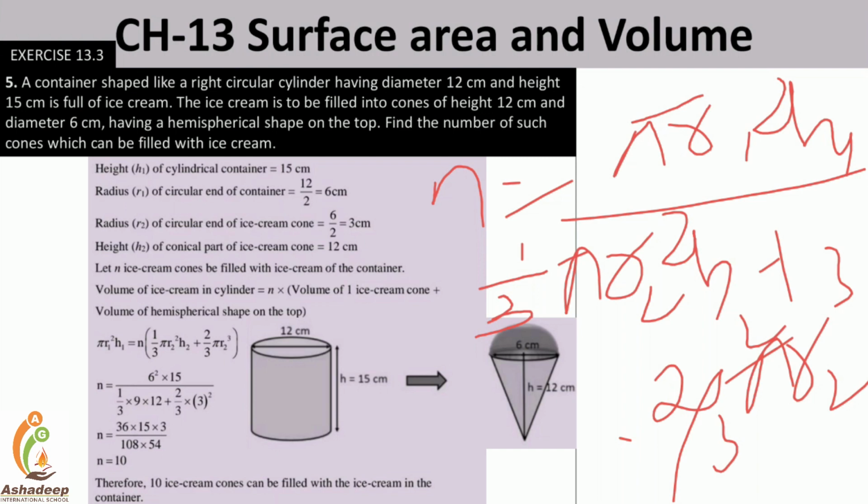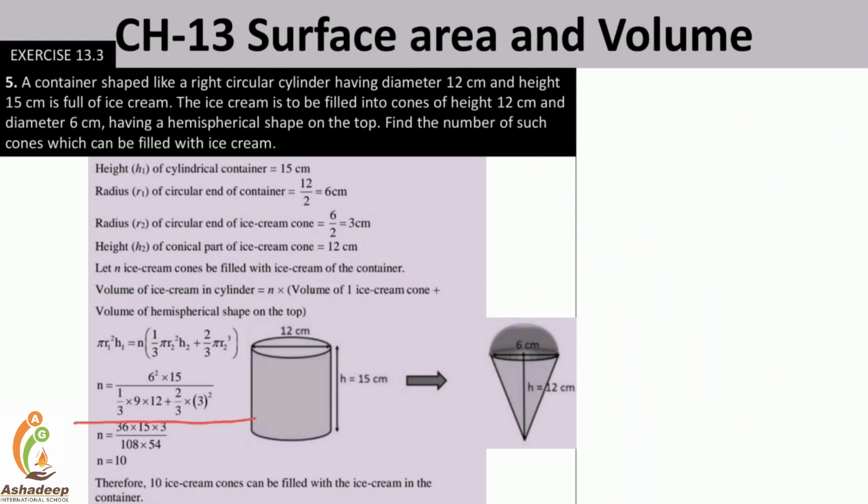So this is the formula with us, the same formula we saw here. You will put the values and you will get the answer as 10. Once again, the simplification part is going to be done by the students. We did lots of sums with the simplifications.